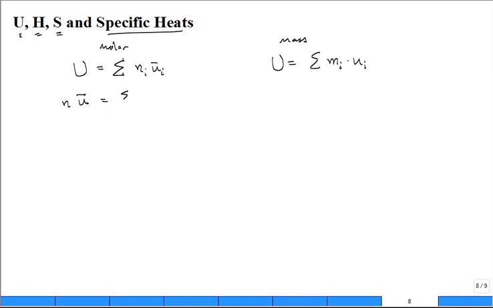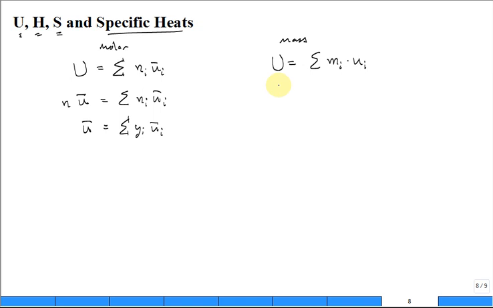So what we find is that U bar is equal to, divide over by N. What does the N sub I over N become? Yi, the mole fractions. It's the sum of Yi times U bar I. So the molar specific internal energy is the sum of the mole fractions times each component's molar internal energy.